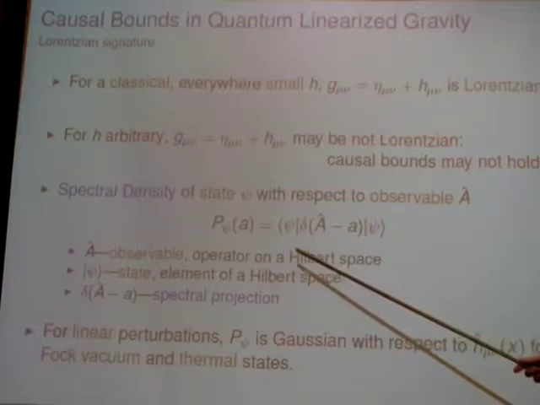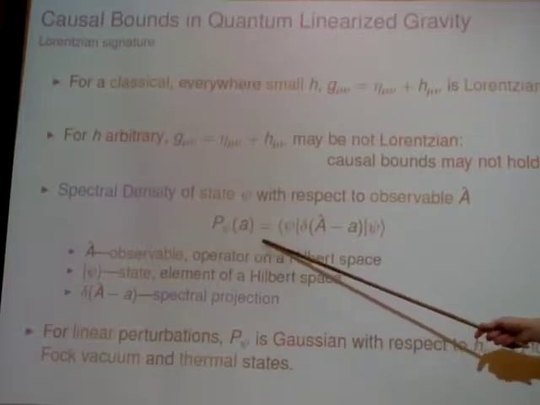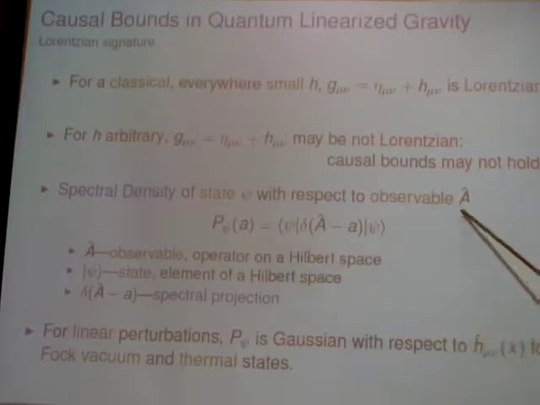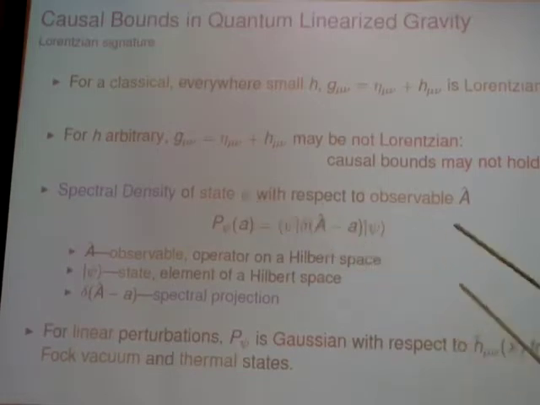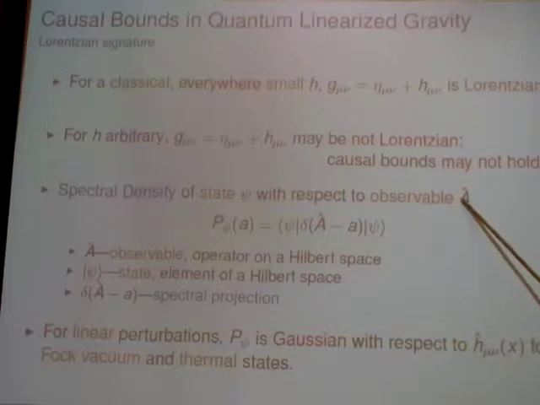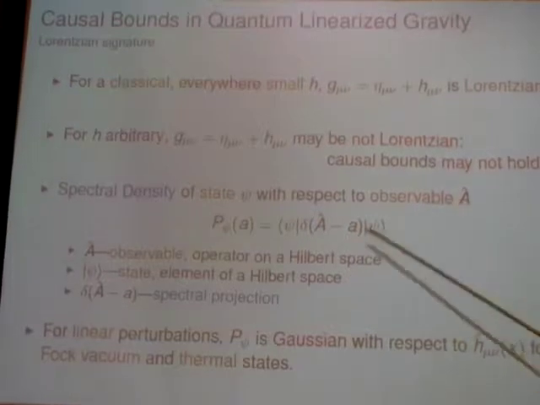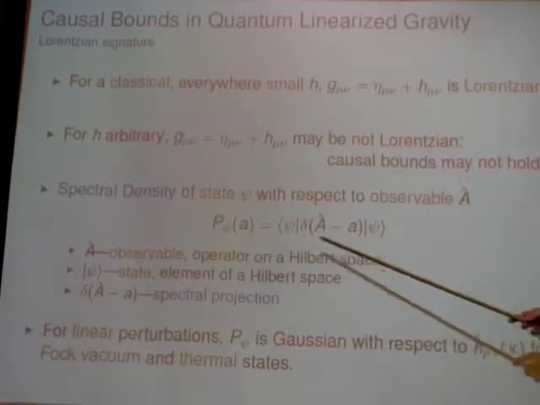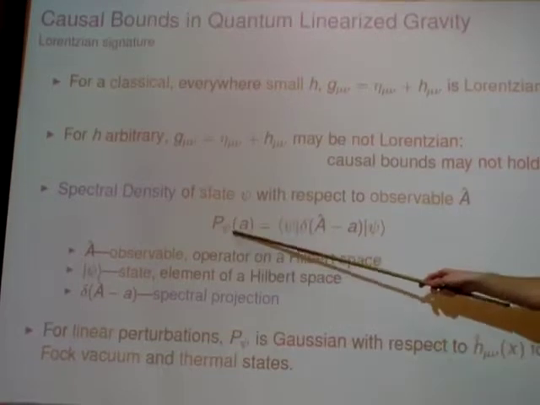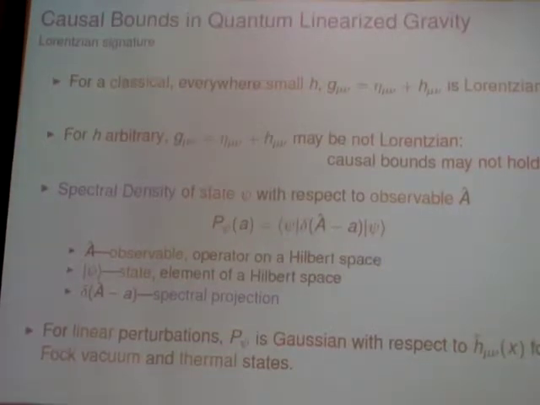Okay, so if we had this spectral density for a particular operator A in a given state, then this actually allows us to compute arbitrary moments of the same observable given only this information. So it will just be computing classical moments of this probability distribution.